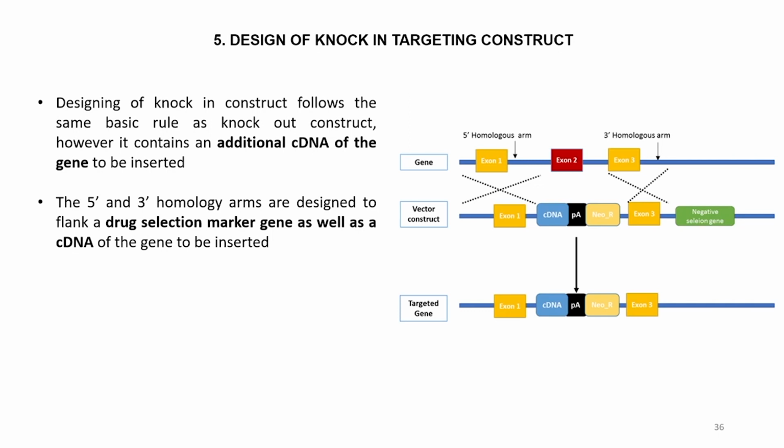So, this is the homology arm on this targeted DNA, and then we have this vector construct over here, and it has homology in these two regions, exon 1 and exon 3, and in the center you can see the selection marker as well as the cDNA gene, and there is another negative selection marker over there, and as a result of this homologous recombination over here, this portion is replaced with this particular construct.